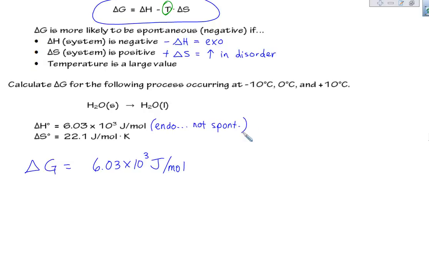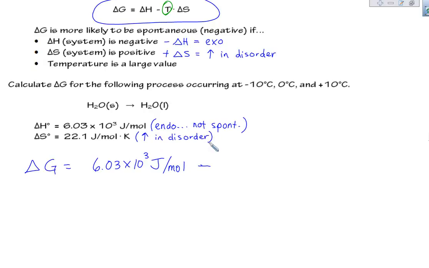Okay, so then we're going to go minus temperature times delta S. Well, look at our delta S value. This makes total sense. Delta S is positive. That would mean an increase in disorder. Well, nature favors an increase in disorder.